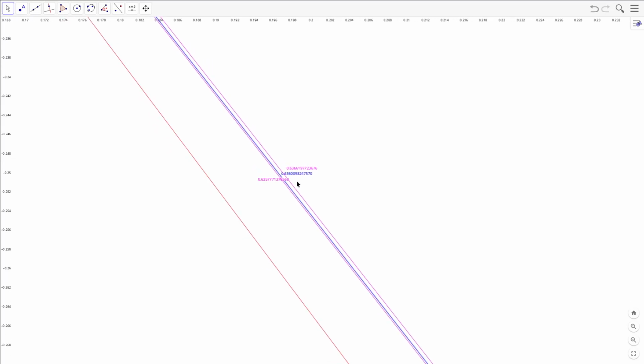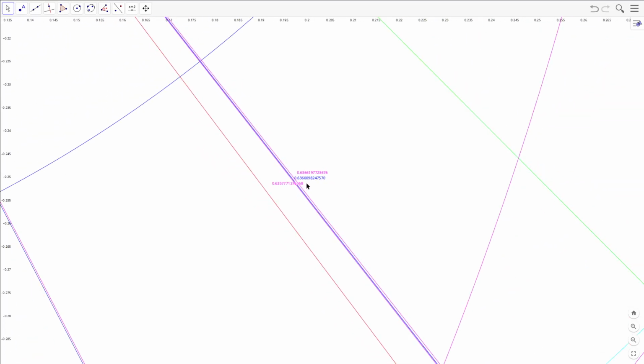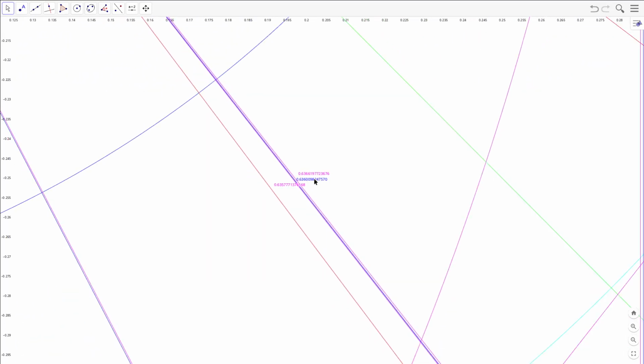But this is not technically a conic, but it just shows where it would equal to.